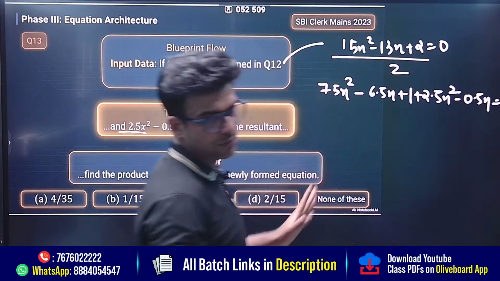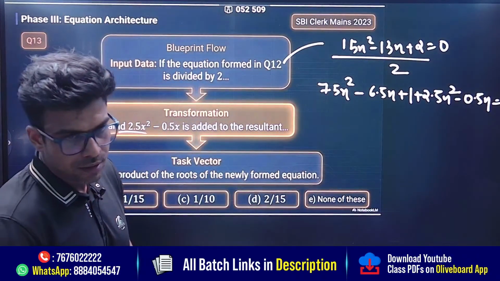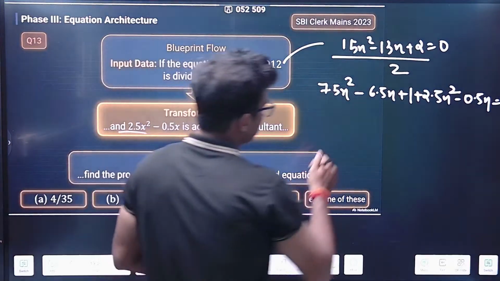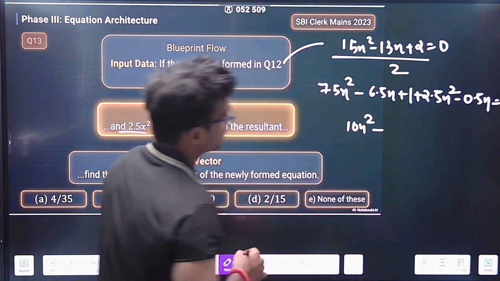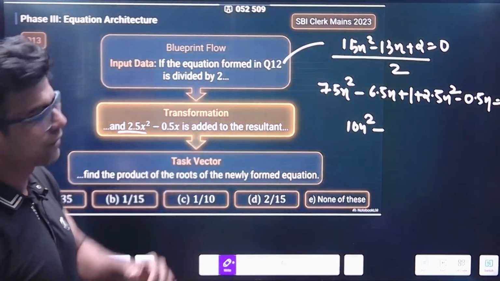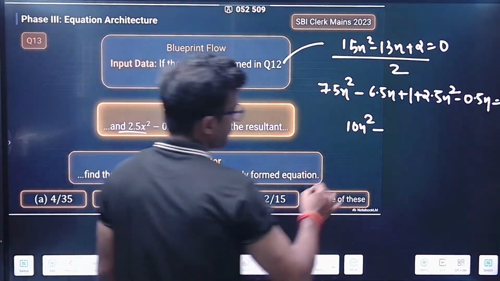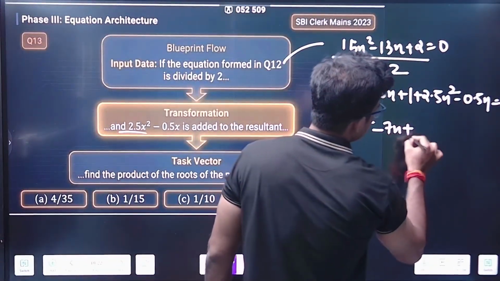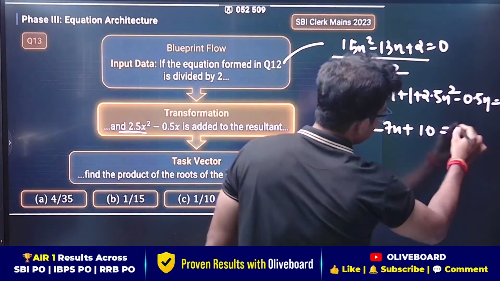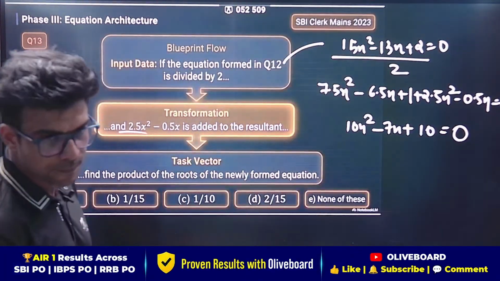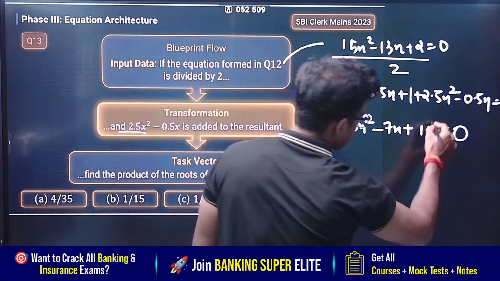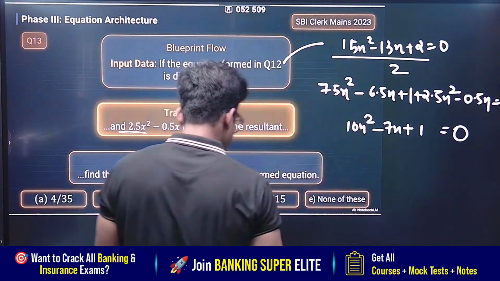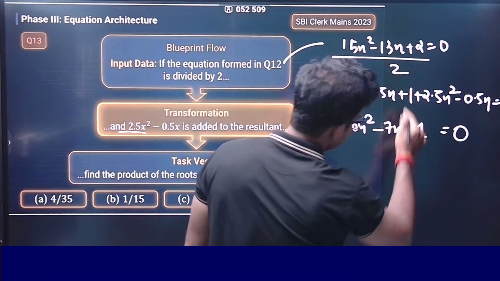Now this would be 10x square minus 7x plus 1 is equal to 0. Am I right? Not 10, it would be 1. So this equation will be reduced to this equation.